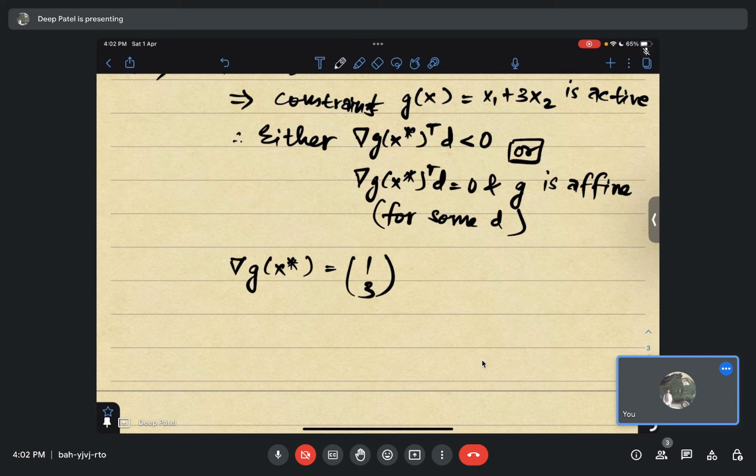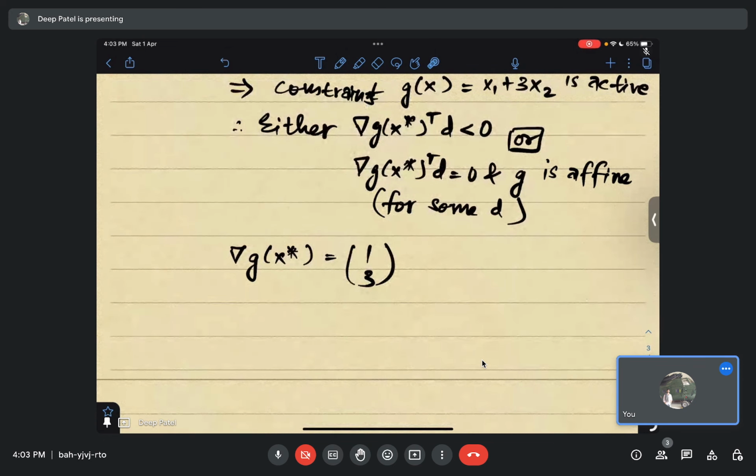And can we find some d such that we can make the inner product 0? Sure. What can we take? Minus 3, 1. Exactly, so we just take d to be (-3, 1).